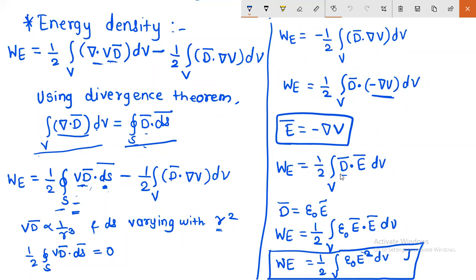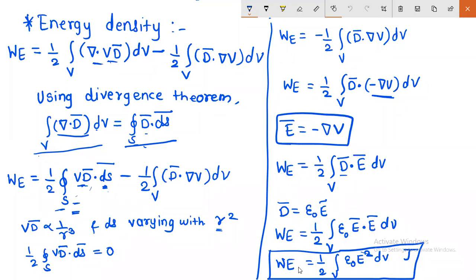Also this D bar is equal to epsilon 0 E bar. We have already seen this. So put here epsilon 0 E bar only. So W_E is equal to 1/2 volume integral of epsilon 0 into E bar dot E bar into dv.